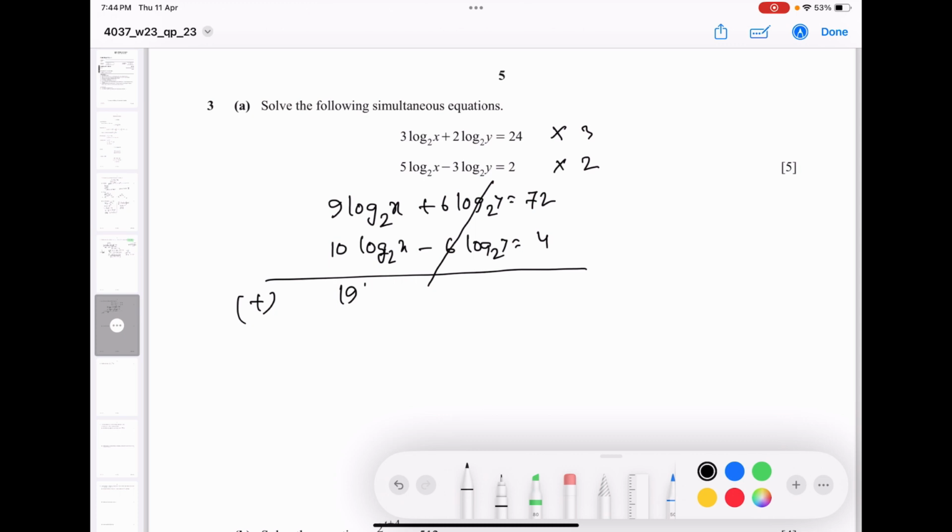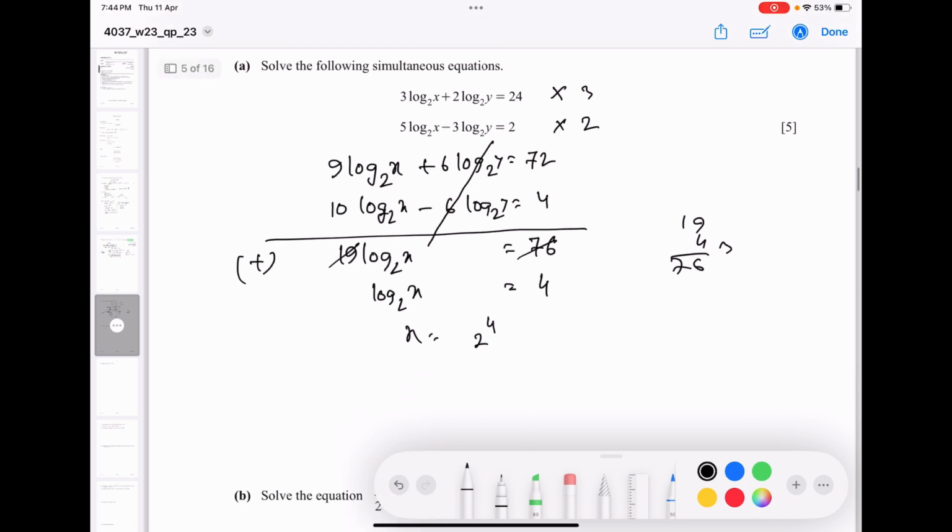So 19 log base 2 of x equals 76. 76 divided by 19 is 4. 4 9s are 36, 4 1s are 4, 76. Okay, fine. x equals 2 to the power 4, so x equals 16.